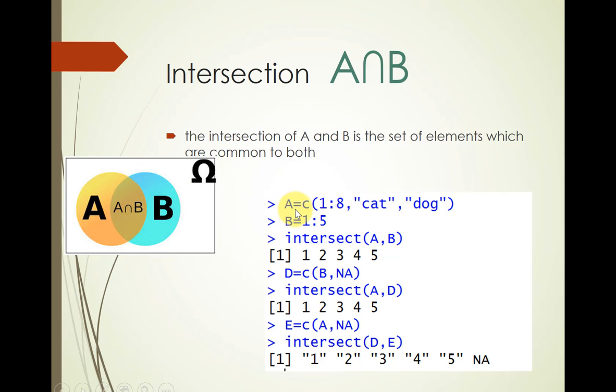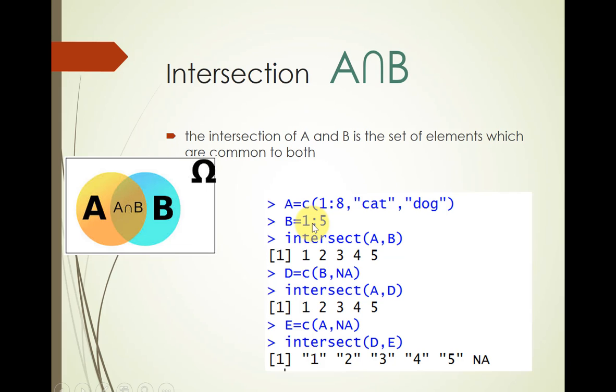So as an example, we have A and B, and if we ask for the intersection of A and B with a built-in R function called intersect, we get exactly what we would expect.